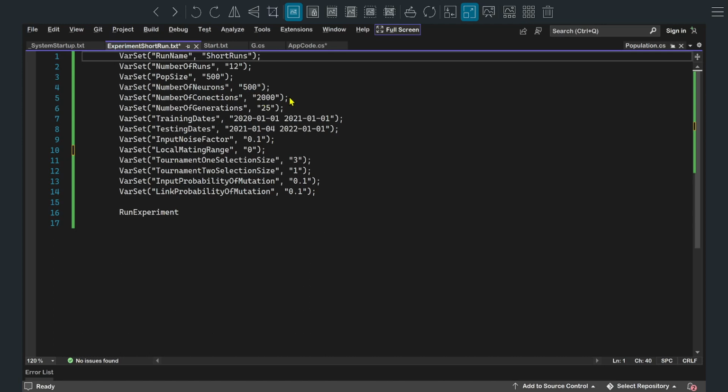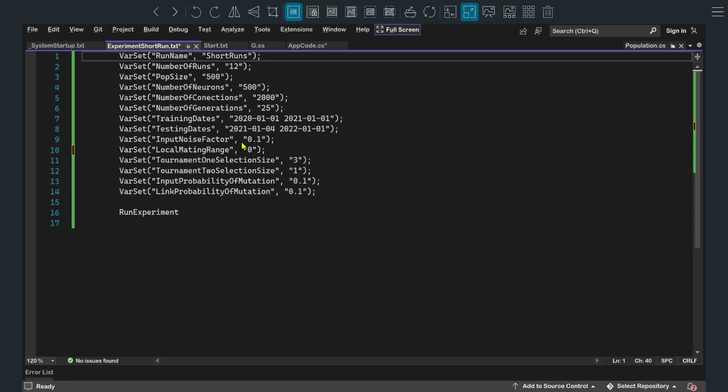Here it's set to 2,000, but not all 2,000 are going to get used. Then I've set the number of generations to 25. I've set the training dates and also the testing dates. The training dates are for the year 2020, and the testing dates are for the year 2021.